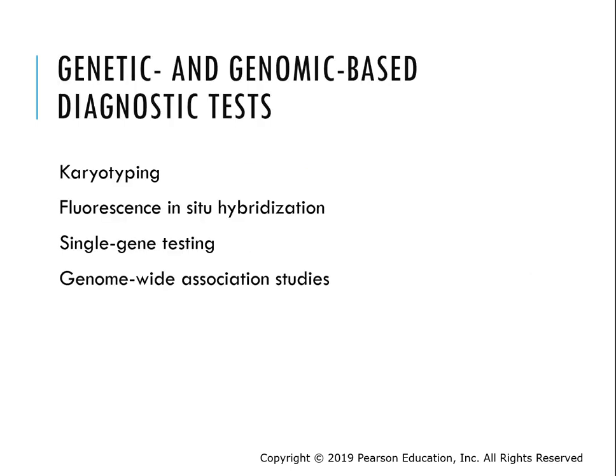So some examples: karyotyping, which I quickly showed you a karyotype before and will talk about again; fluorescence in situ hybridization, or FISH; single gene testing; and there are also some genome-wide association studies that have been done.